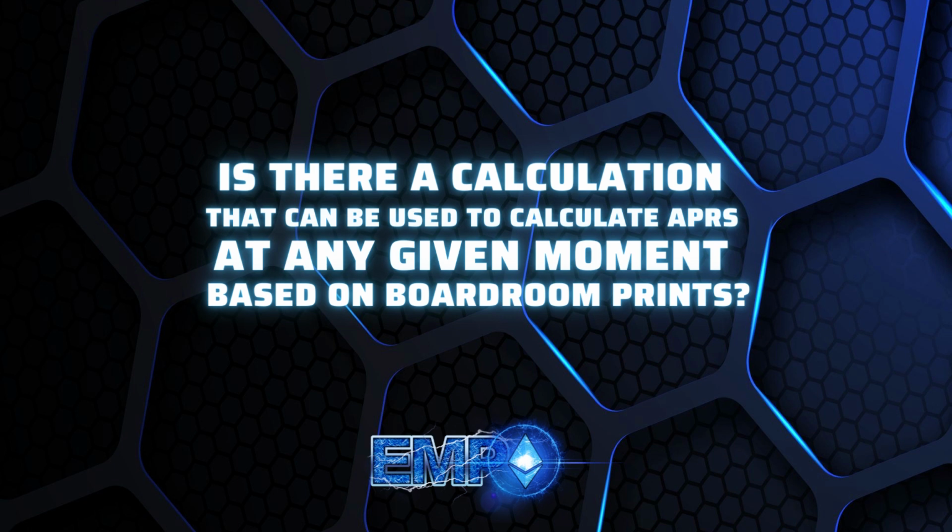Then we look at how many E-shares are staked in the boardroom and their value. Let's say there's 7,000 E-shares staked at a value of $1,000 each. That's $7 million. What is the percentage of the EMP value versus the $7 million value of E-shares?